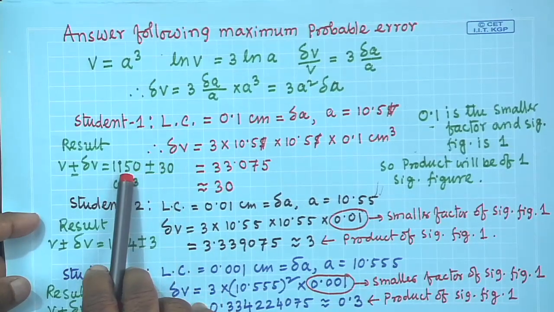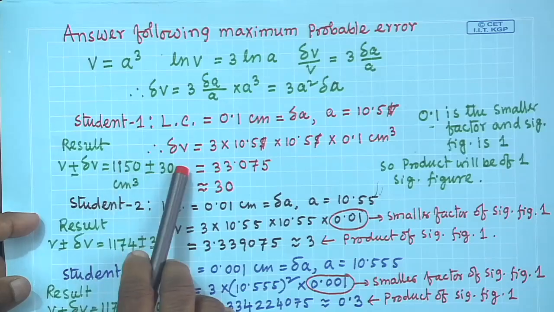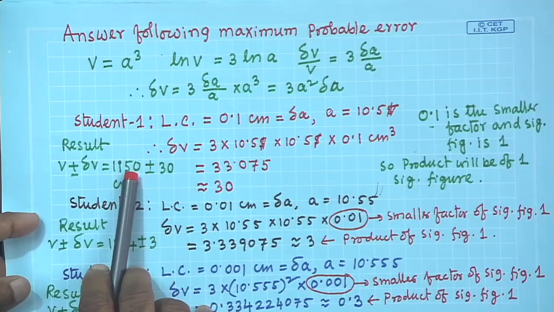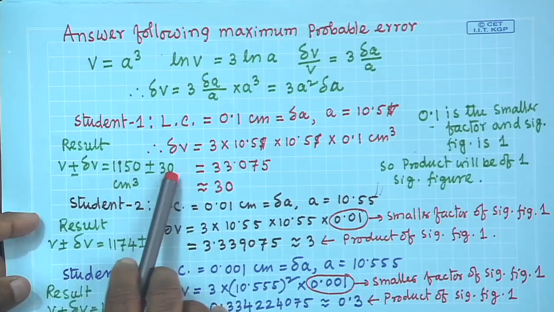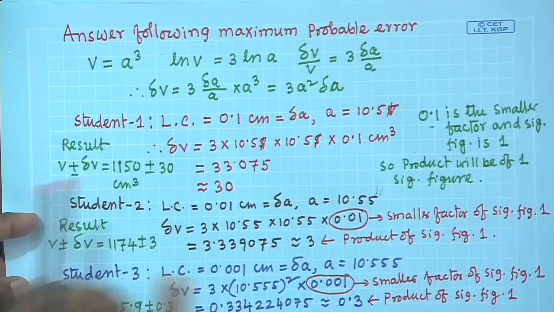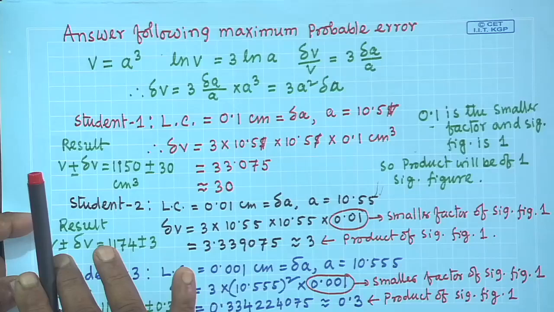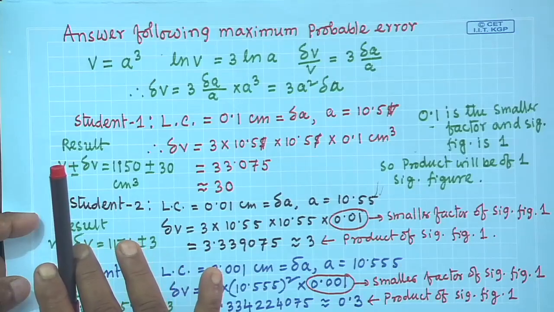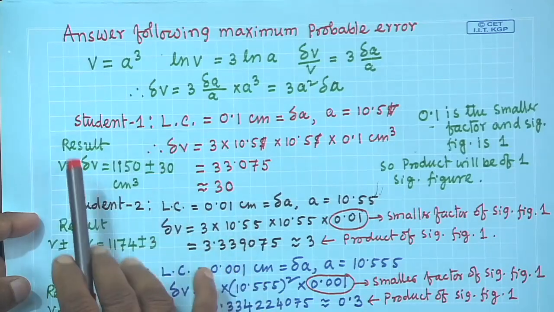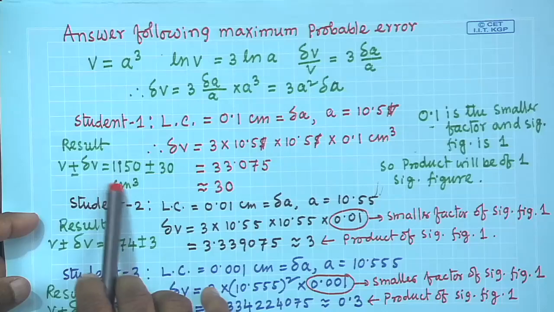So, here this last significant figure, whatever the order of this one, our error has to be of the same order. So, now you see, from significant figure we are able to write the answer correctly.